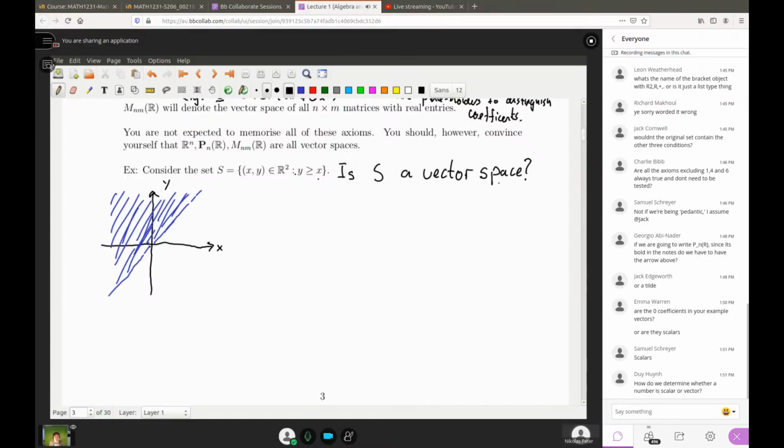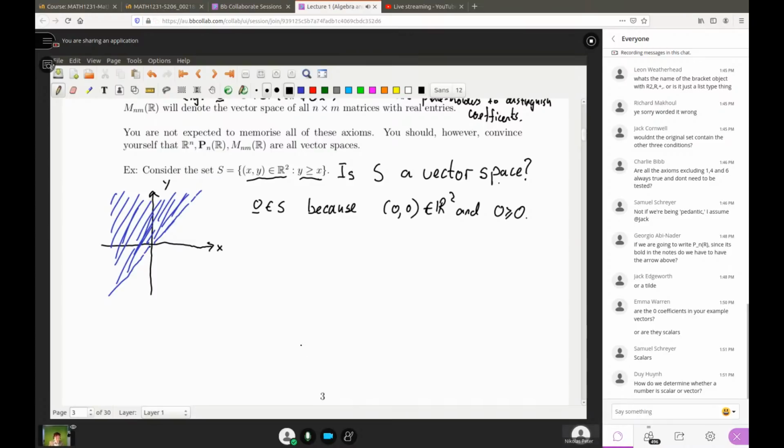So 0 is in S because (0, 0). Now, what does it mean to be in S? To be in S means you're a vector in R2 and you satisfy this condition. I'm going to say 0 is in S because (0, 0) is an element of R2 and 0 is greater than or equal to 0.